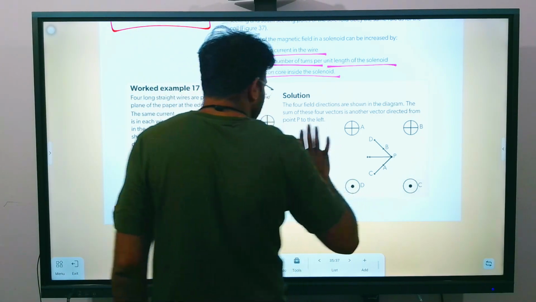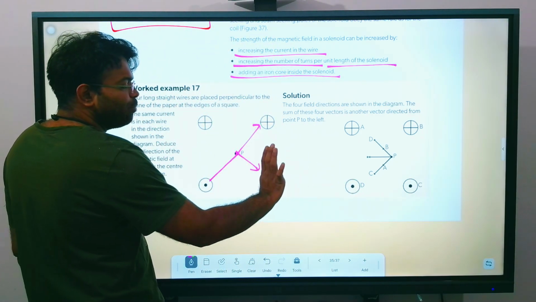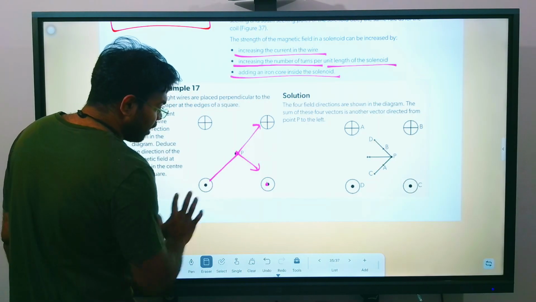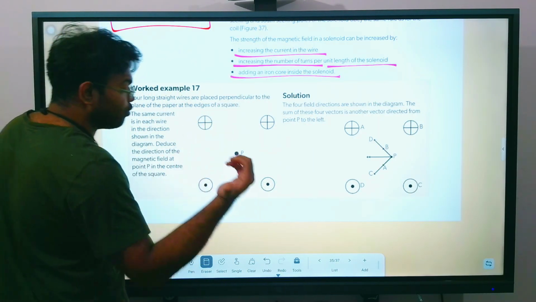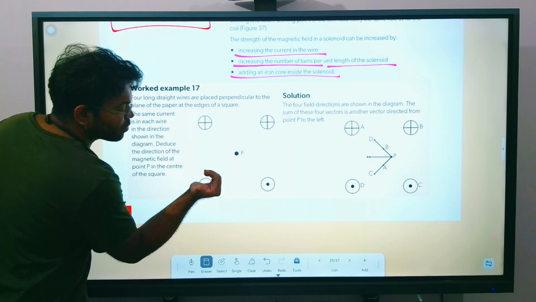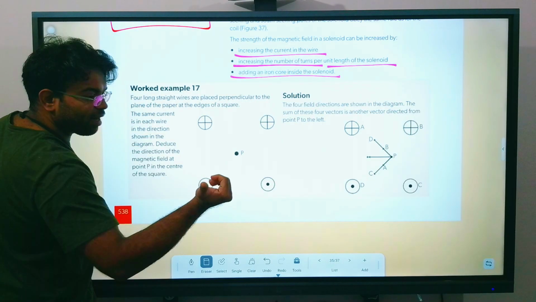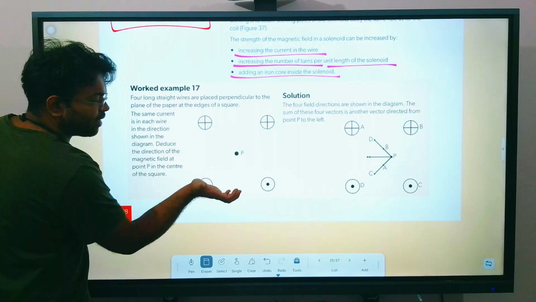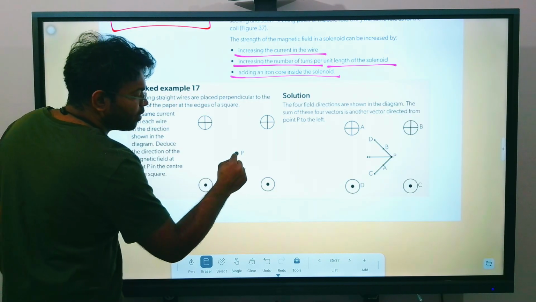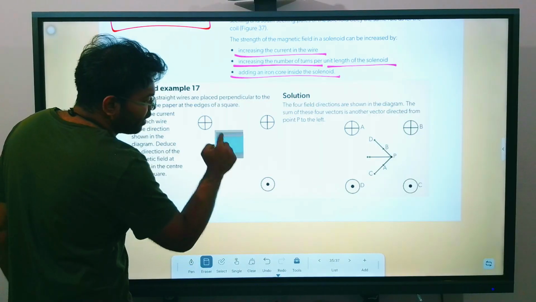All I'm doing is using my thumb. Sorry, a dot means that the current is coming out, right? So let's put the thumb in the direction of the dot. It is coming out. Now at this particular point, you will have a magnetic field in this direction.